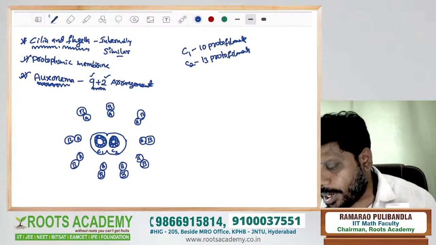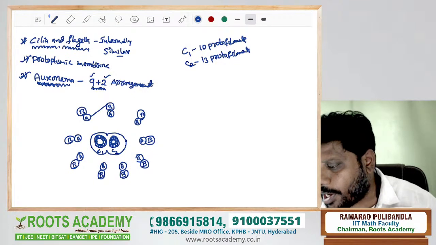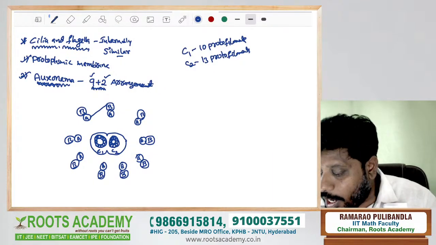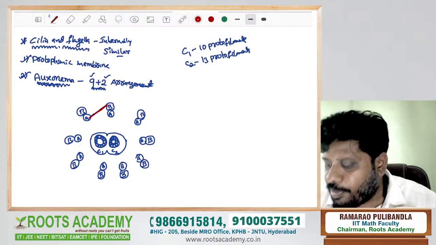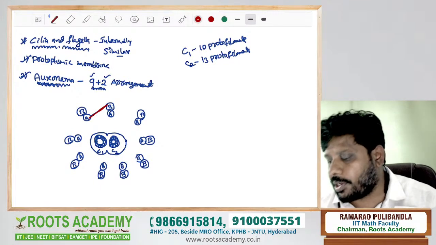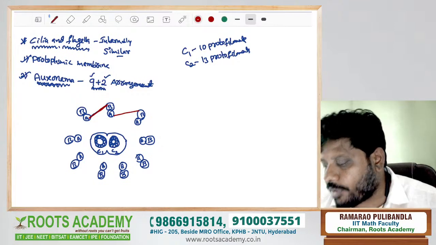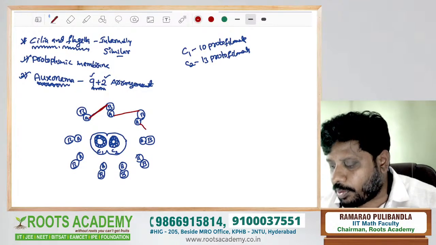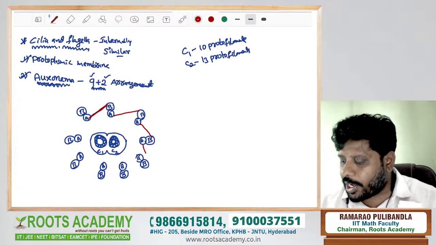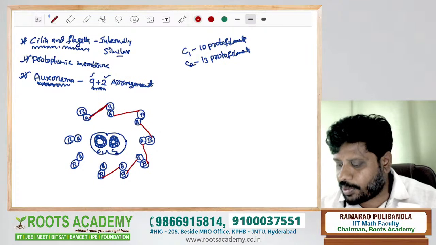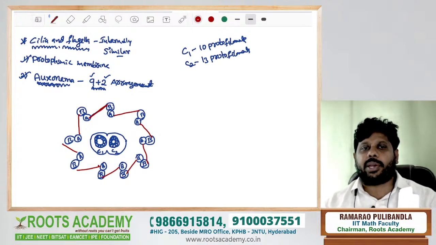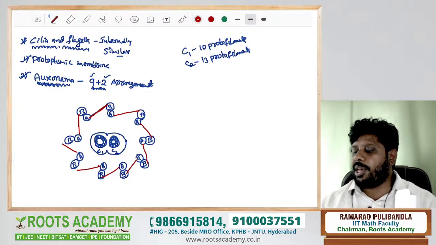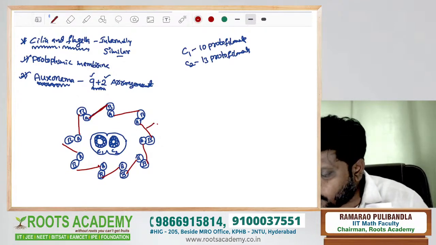And see, the A of one microtubule is connected with the B of another microtubule in a cyclic manner. This A of one microtubule connected with the B of another microtubule is called the AB linker.